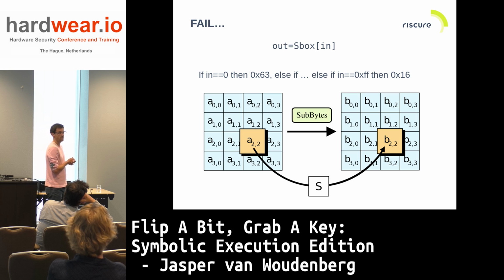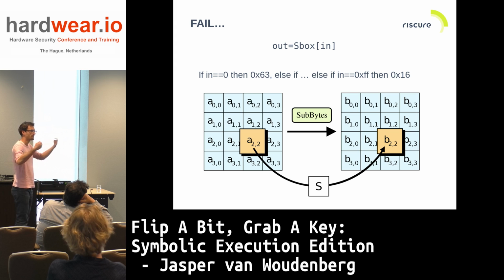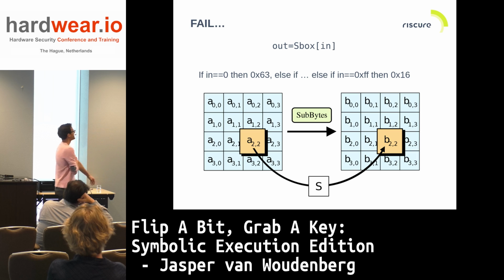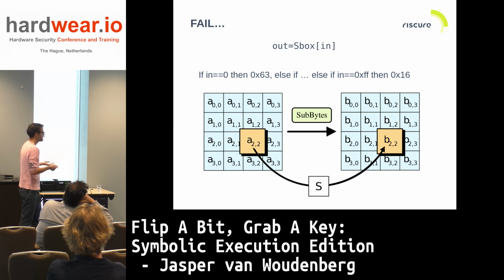Else, if the input is 1, then the output is yada yada yada, all the way to 256. And you do this for 16 S-boxes and you run it through MixColumns. At that point, I gave up. You start the program and the symbolic engine is just chugging and chugging, and then it runs out of memory. We tried all kinds of things until we realized this is not the way to go.